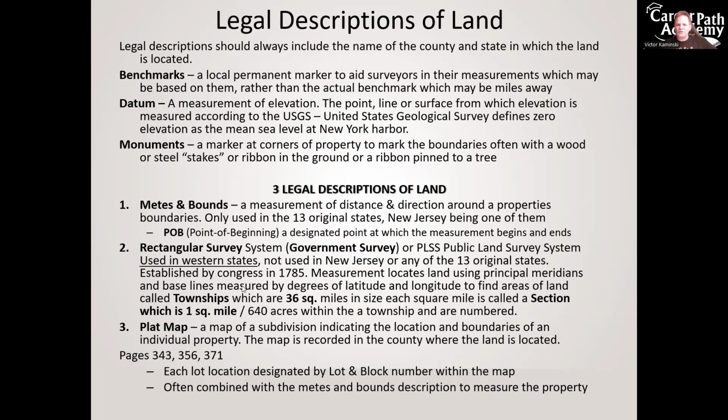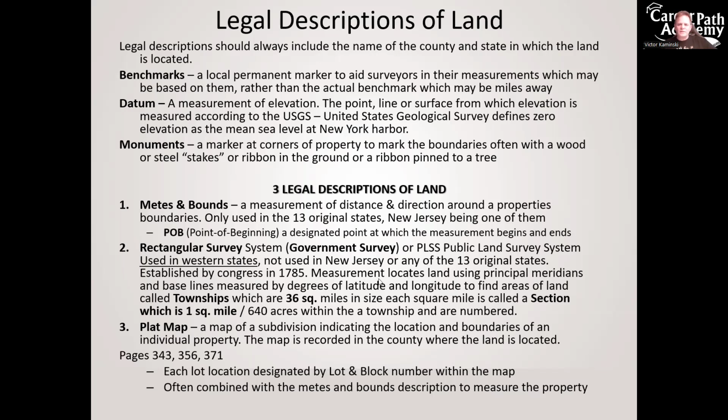It's only used here in the United States because our Congress created it. Prior to that, we were using the land measurements and methods that they always used in Europe and other countries, which was the metes and bounds. So we only use that for the 13 original states. Then after that, we moved to this rectangular survey system that Congress created.